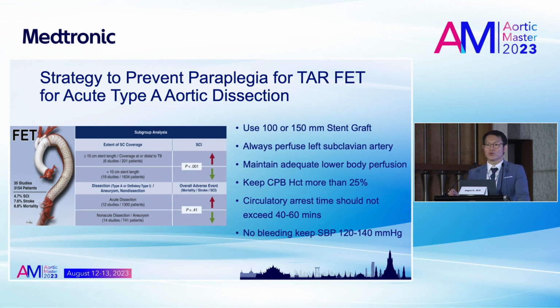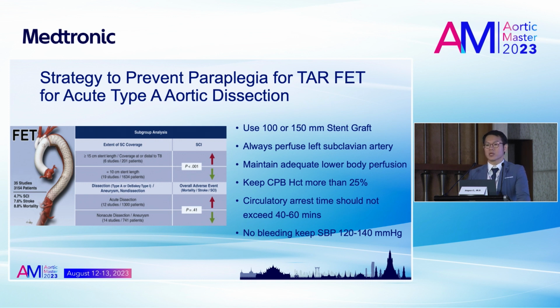If sometimes during the operation the patient gets some acidosis, you have to recognize whether there is still some malperfusion in the patient or not. Sometimes you can add on the femoral artery cannulation, it can help. And also, if you perfuse the lower body adequately, it has a collateral to your spinal cord also.